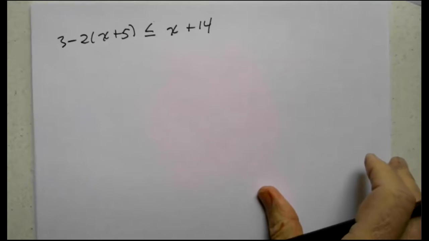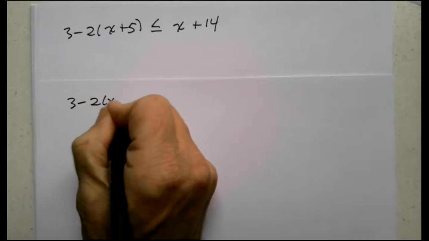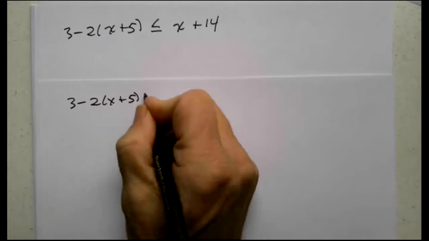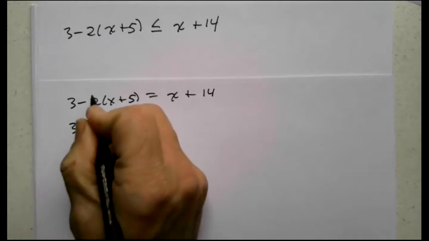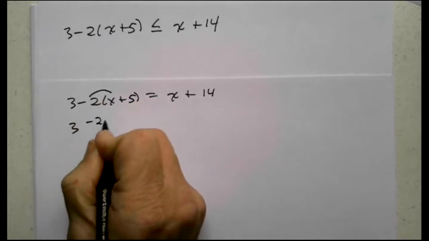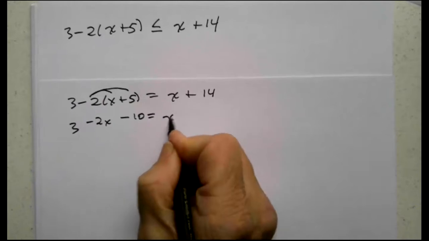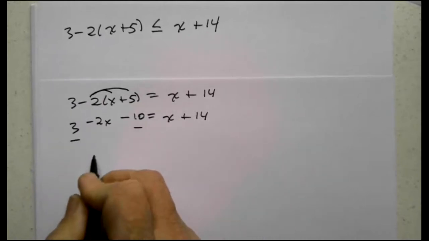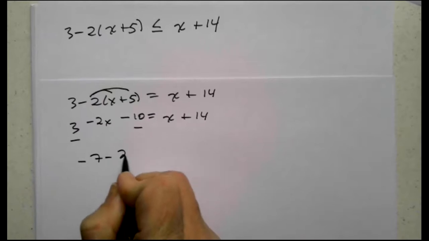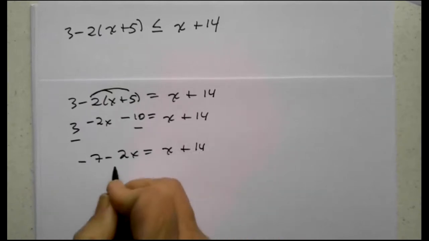Let's do it as an equal first. So 3 minus 2 times x plus 5 equals x plus 14. Distribute: 3 minus 2x minus 10 equals x plus 14. 3 minus 10 is -7. Minus 2x equals x plus 14.